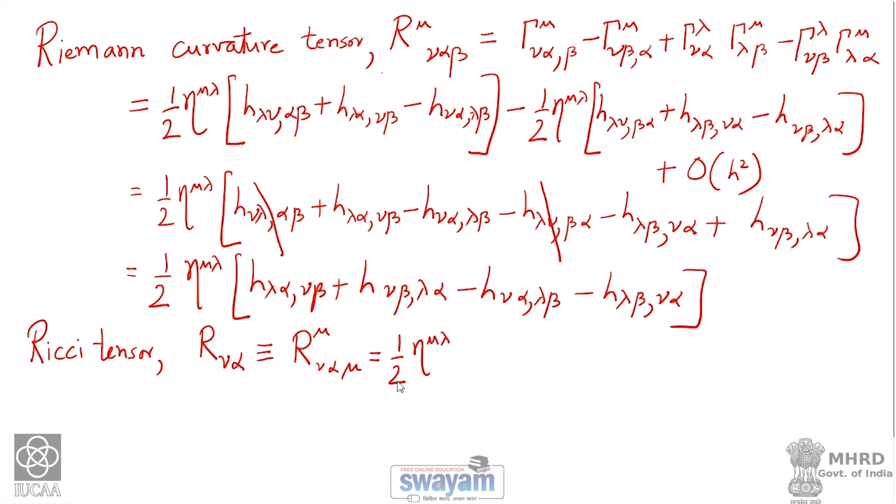so wherever you have beta, beta will turn into mu. So, half eta mu lambda, beta will become mu.